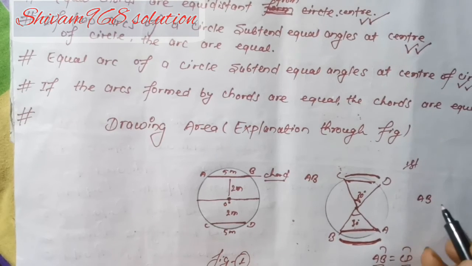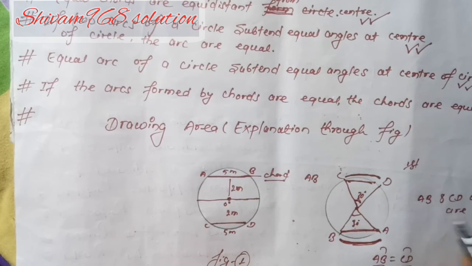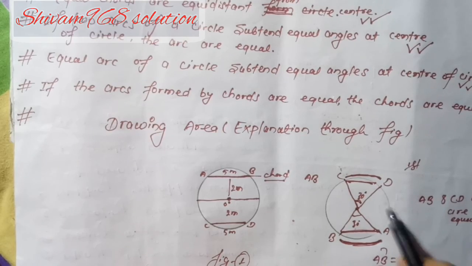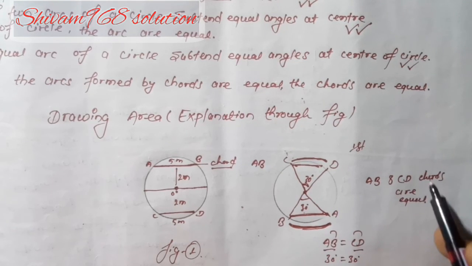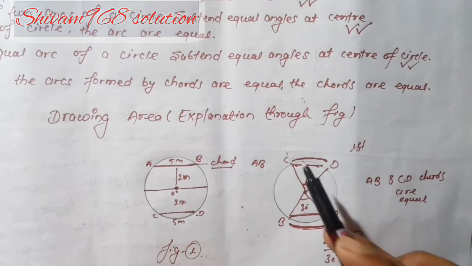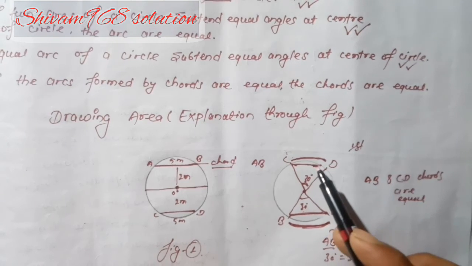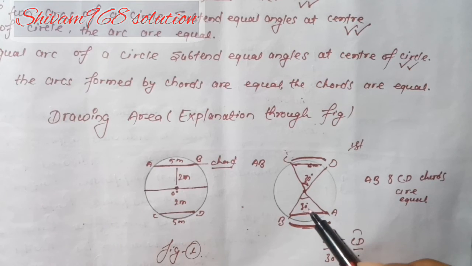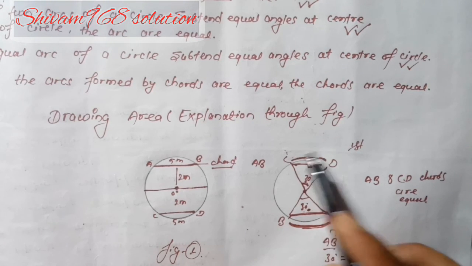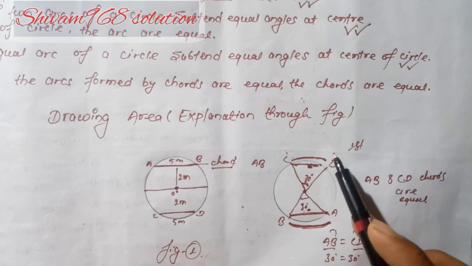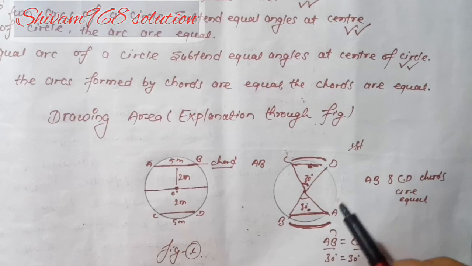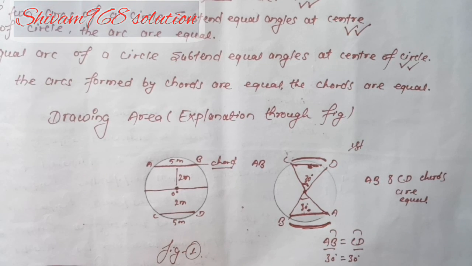If chord AB equals chord CD, then arc AB will also be equal to arc CD. So this is the fourth theorem that we have just dealt with.